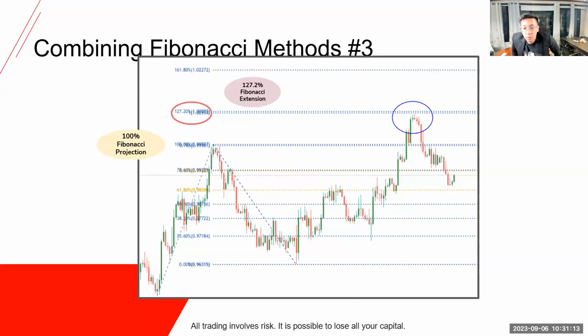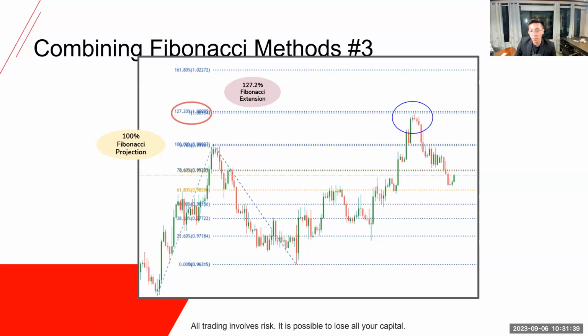All right, same thing, but this one is kind of inverted. You can see right here that if you draw from this high to this low, your 100% Fib projection will be right here.